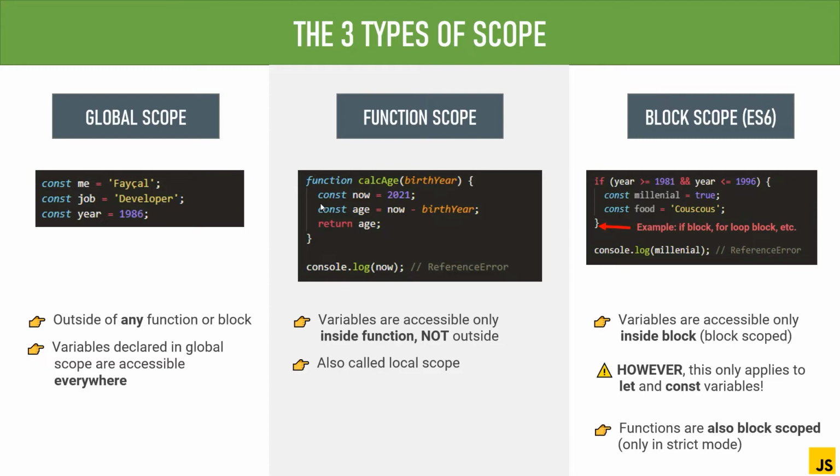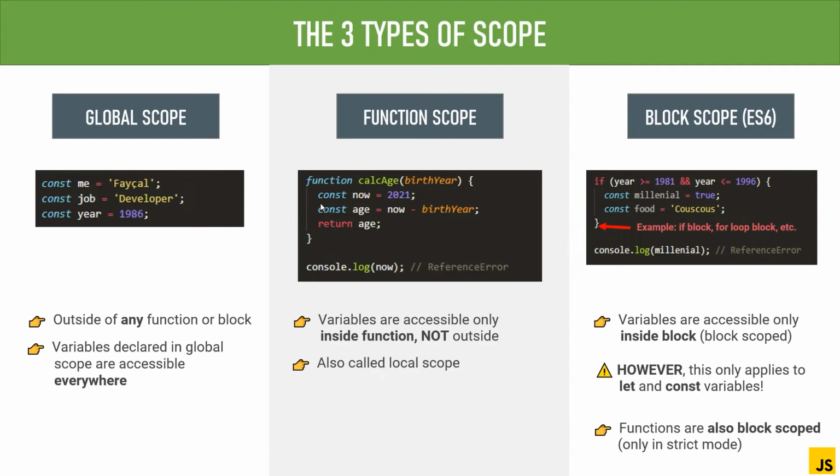So just like with functions, variables declared inside a block are only accessible inside that block and not outside of it. Now the big difference is that the block scope only applies to variables declared with let or const. Okay? So again, only let and const variables are restricted to the block in which they were created. That's why we say that the let and const variables are block scoped.